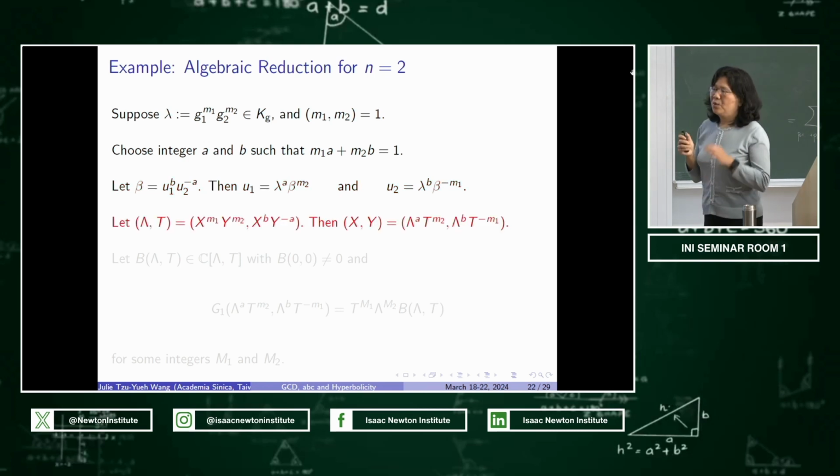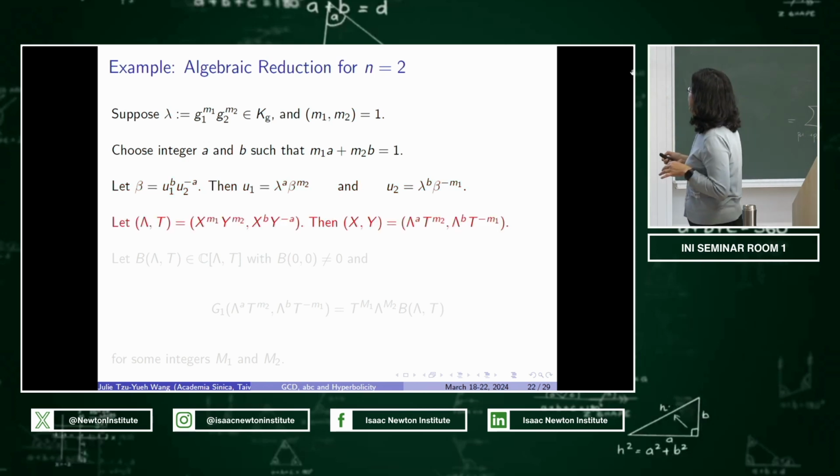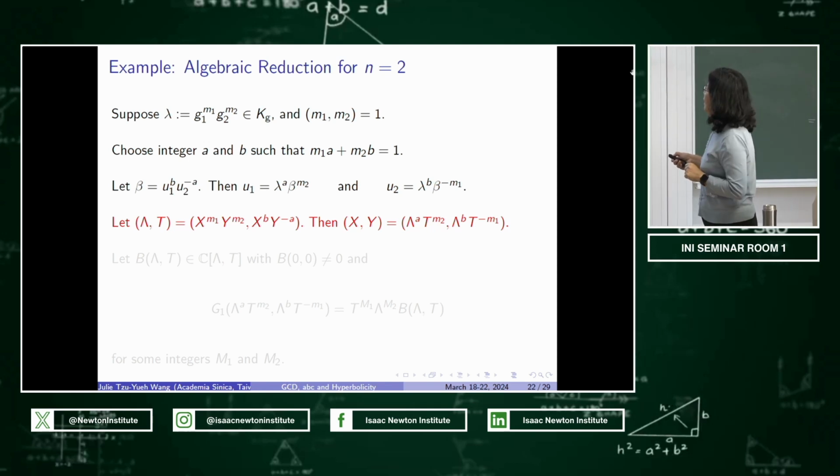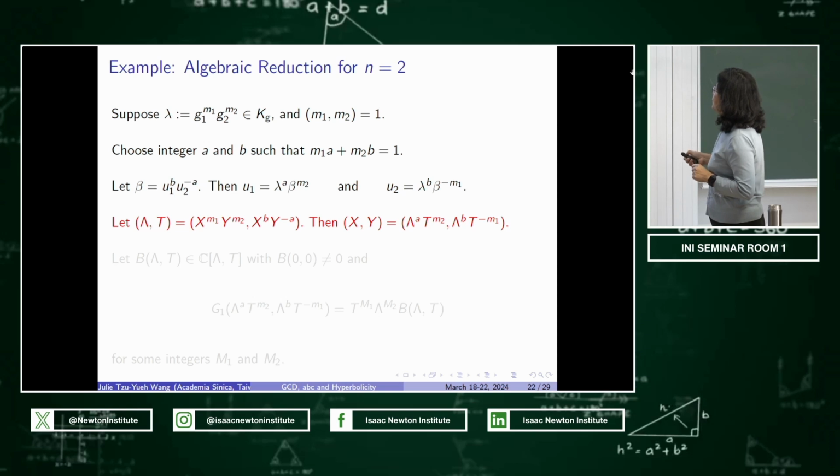So in other words, what we are doing here is first you have a transformation of a monomial, and then you try to make it a bijection. So you make a bijection on the monomial.